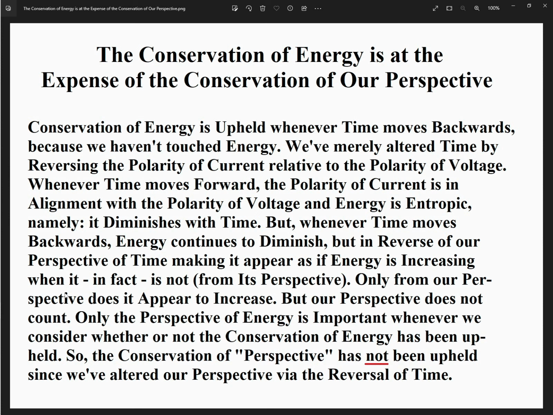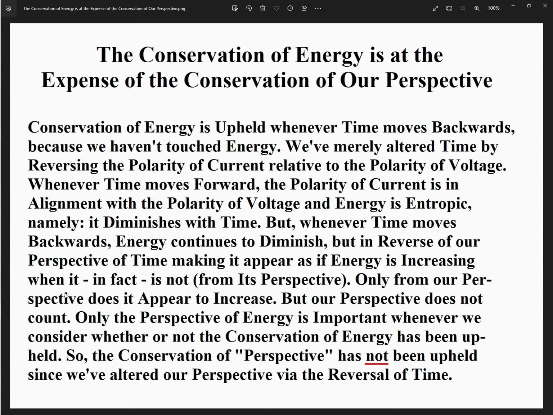Whenever time moves forward, the polarity of current is in alignment with the polarity of voltage, and energy is entropic, namely, it diminishes with time. But whenever time moves backwards, energy continues to diminish, but in reverse of our perspective of time, making it appear as if energy is increasing when it, in fact, is not from its perspective.